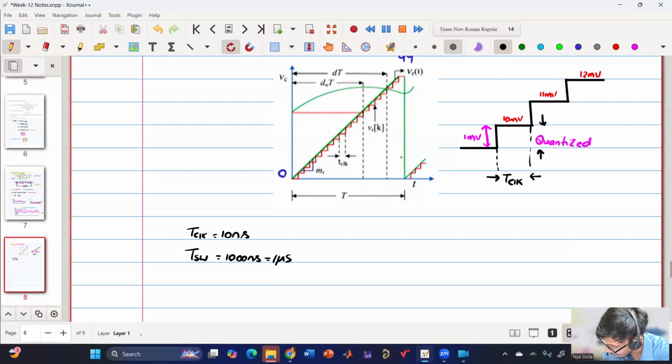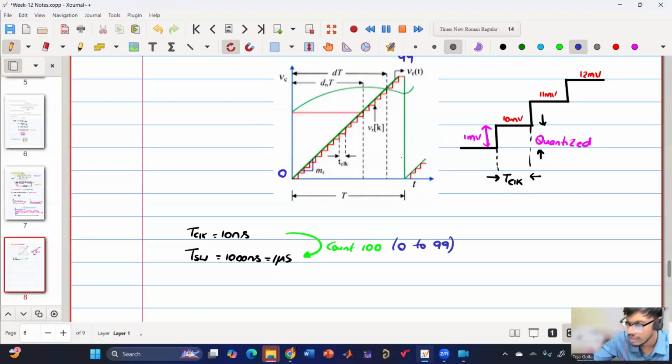Then I need to have 100 such counts, right? If I multiply 100 with 10 nanoseconds, I'll get 1000 nanoseconds. So basically I'm counting from 0 to 99.